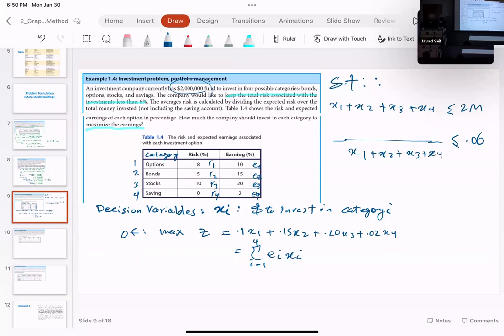And then this is going to be 8x1 plus 5x2 plus 10x3, plus 0x4, so I don't write it. And the values are going to be positive, so x_i greater than or equal to 0 for all i.